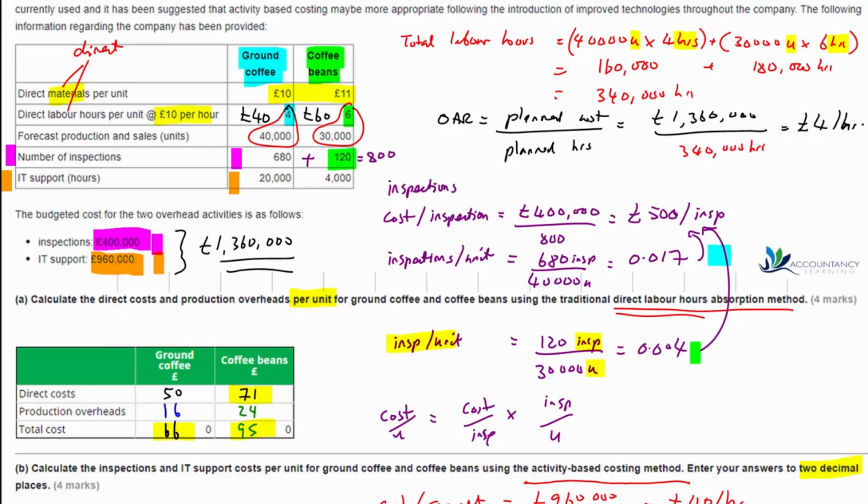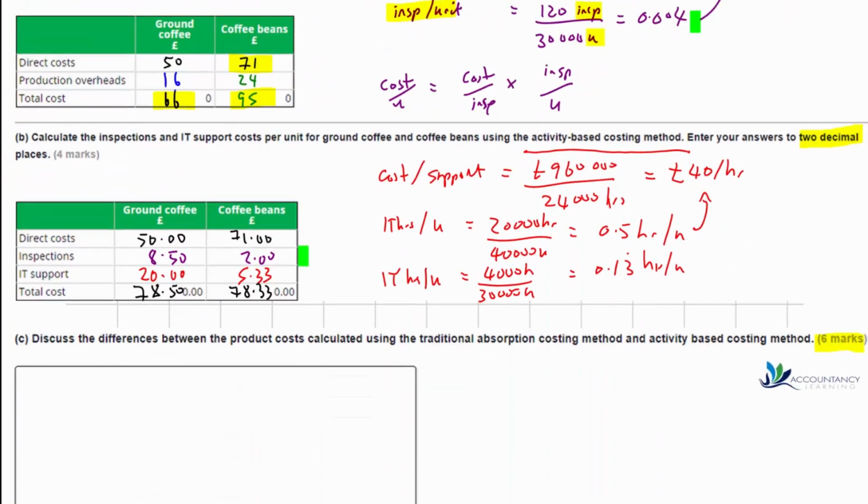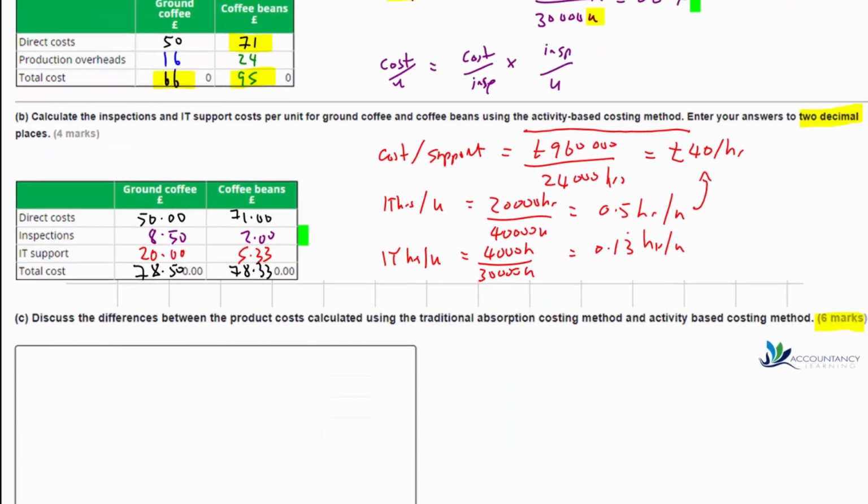So the main reason why the cost of a coffee bean is higher is because there's more labor time. We need 6 hours of labor time for a coffee bean unit compared with only 4 hours for a ground coffee unit. So it's 50% more labor intensive.